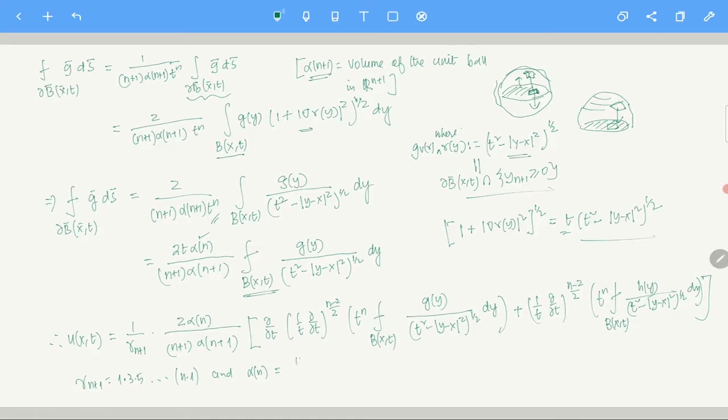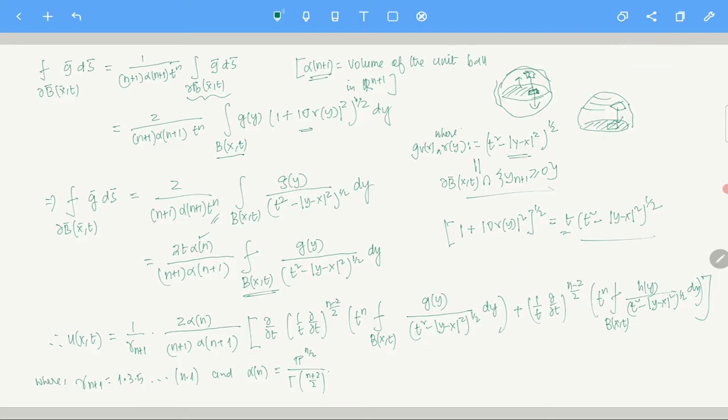So this is pi to the n by 2 divided by the gamma function of n plus 2 by 2. In higher dimension, I'm just explicitly writing it down. There is no special need. And of course, if you want, you can calculate gamma n also. That's not the point. But anyway, gamma n is given by this.